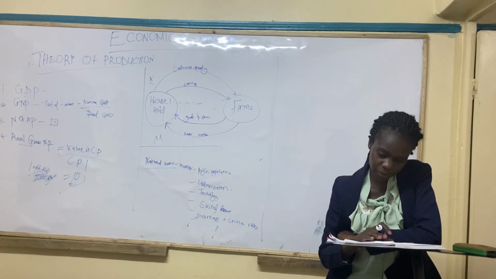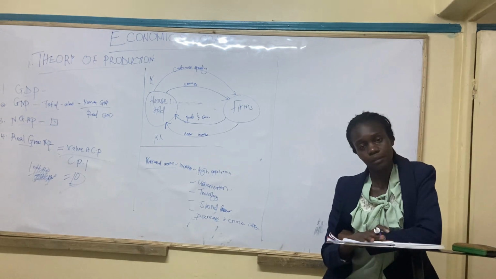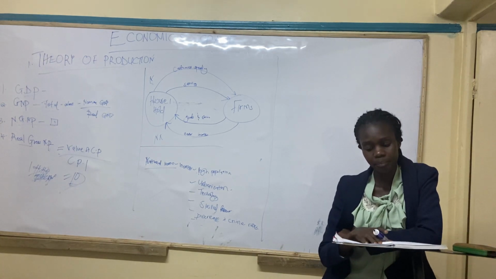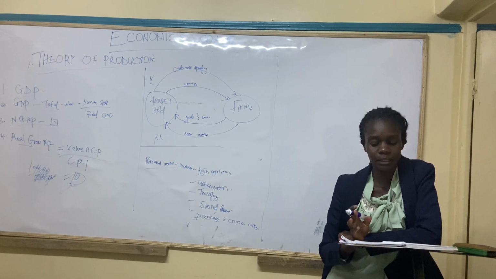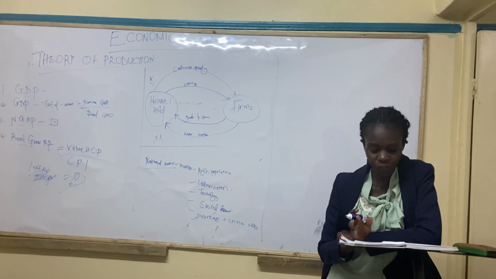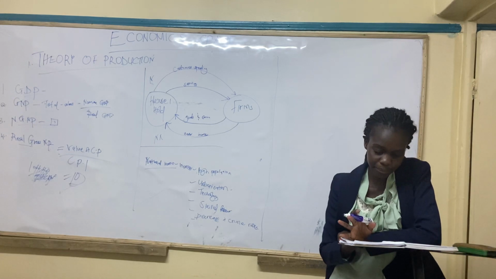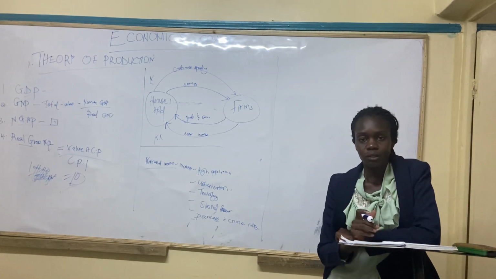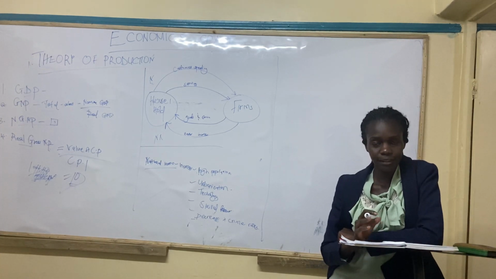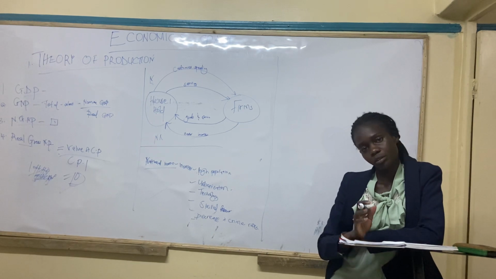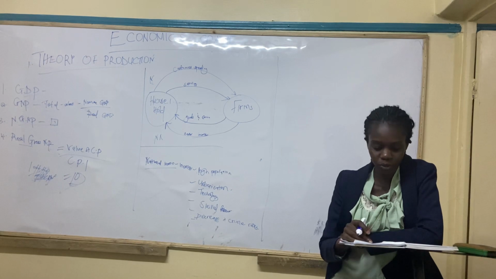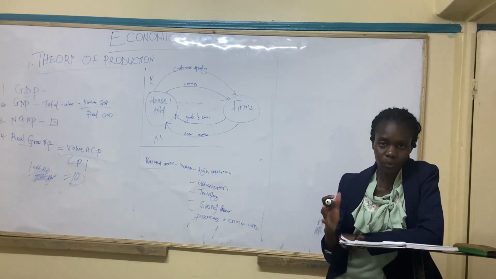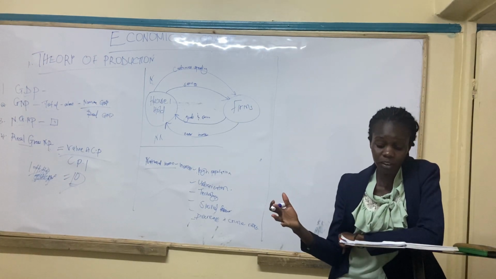So we go to investment. So investment is the process of increasing the production of capital stock of a country. And investing also is production of goods, not for immediate consumption. They are produced for future consumption.